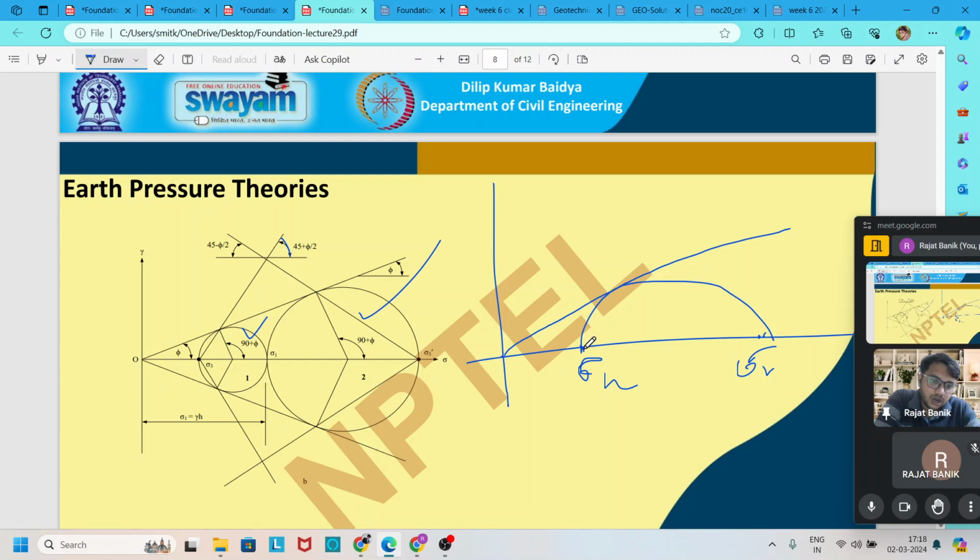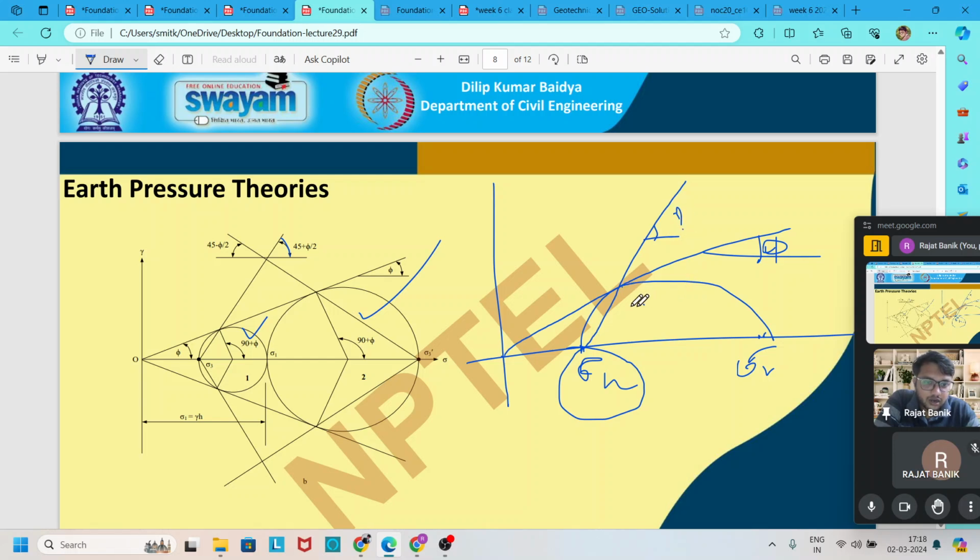We have to draw one line with respect to the horizontal pressure which intersects this failure surface at the tangent point. This failure surface angle is phi always, but we have to find this failure surface with respect to the horizontal pressure. So we have to find out this angle.